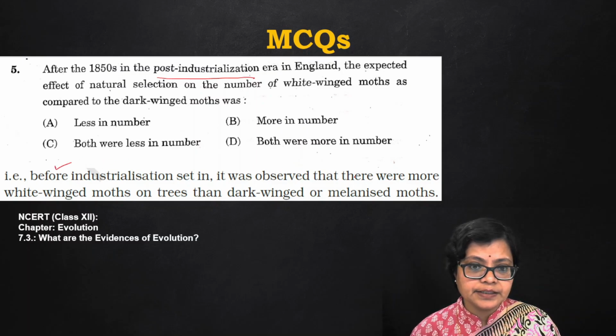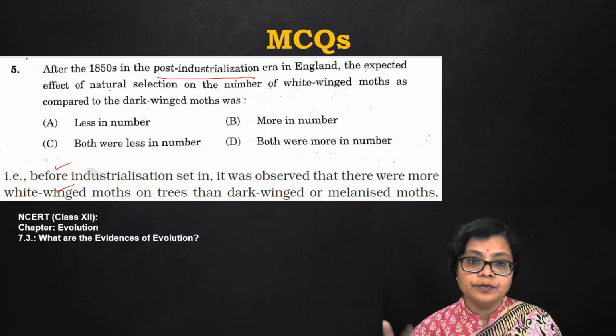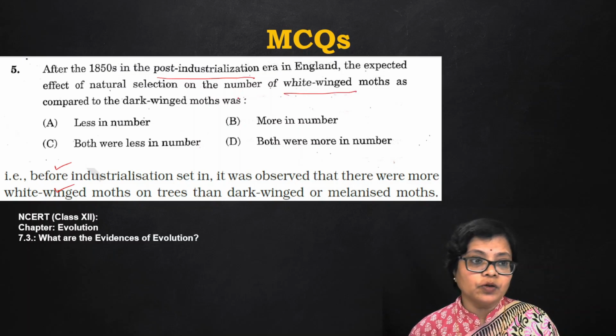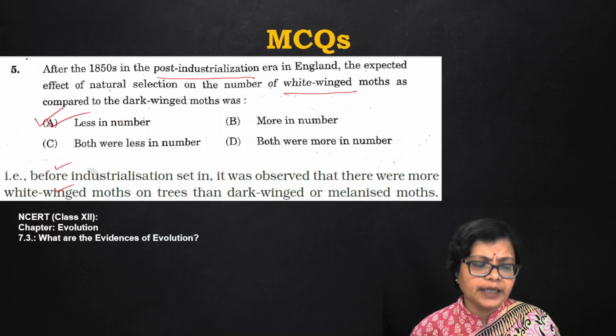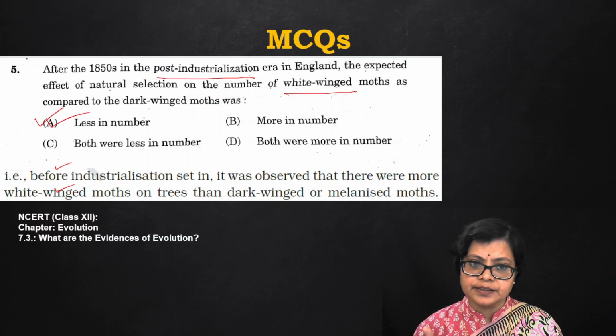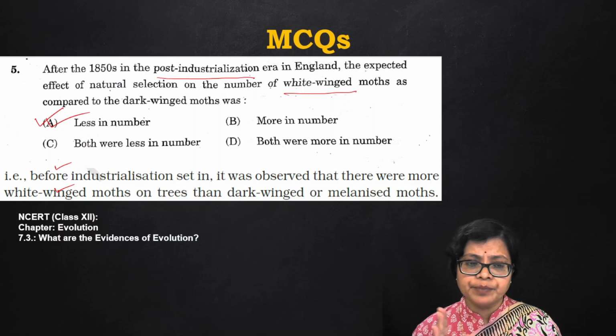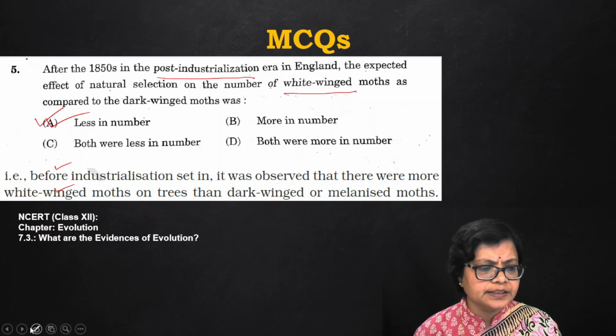Before industrialization, more white-winged, but post-industrialization, polluted, so the number of white-winged moths will be less. Option A is the correct answer.